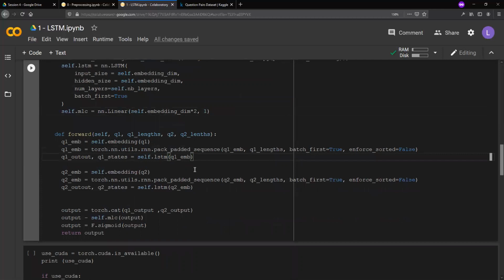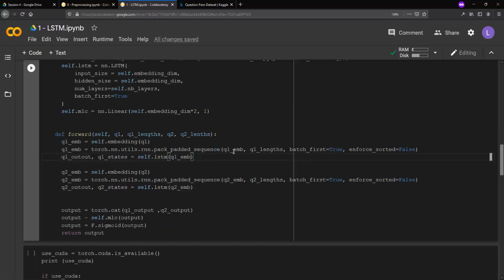Now, in the feed forward component, we feed in our question 1. Since the length of our sentences may differ, we use a padded sequence to take care of the variable length sentences. That's what the padded sequence does.